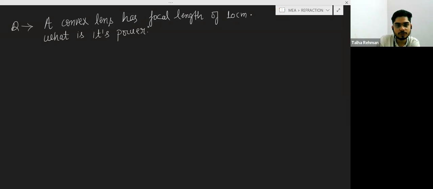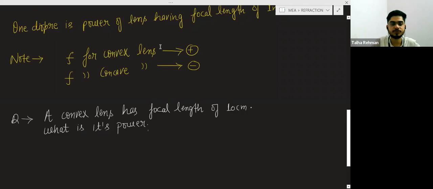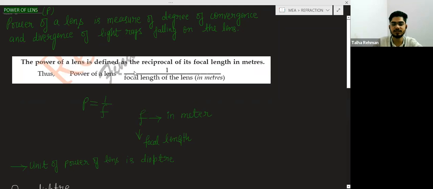All of you try this question by yourself. First write down the question. Okay, first write down all these things, then write down the question and then solve the question. First write down what is power of a lens.